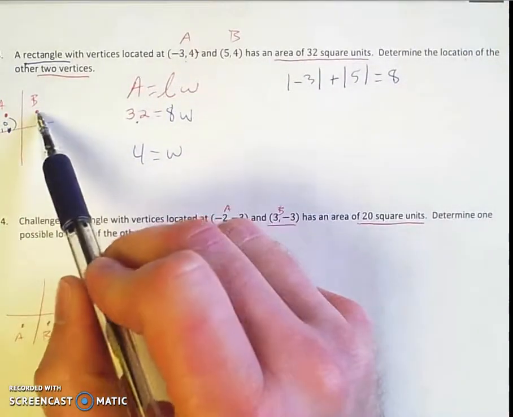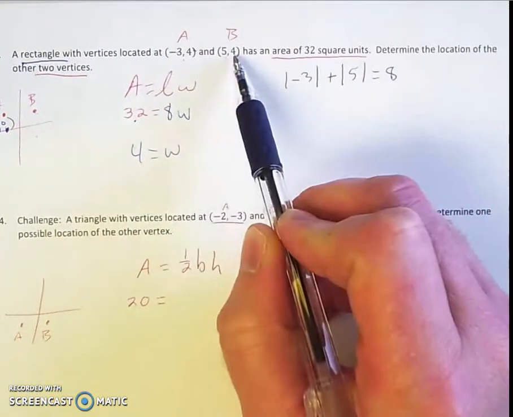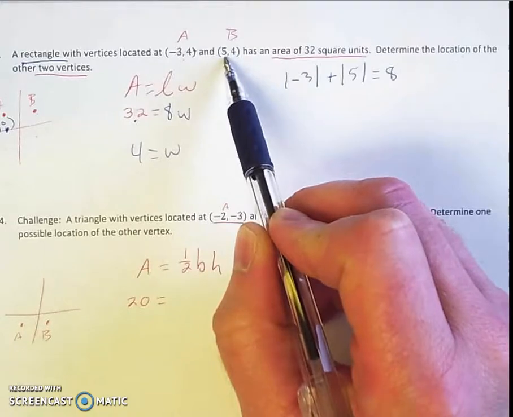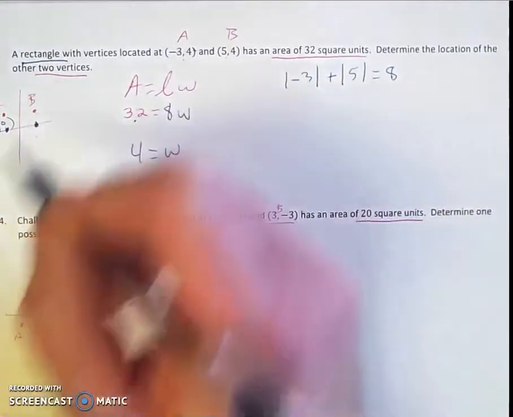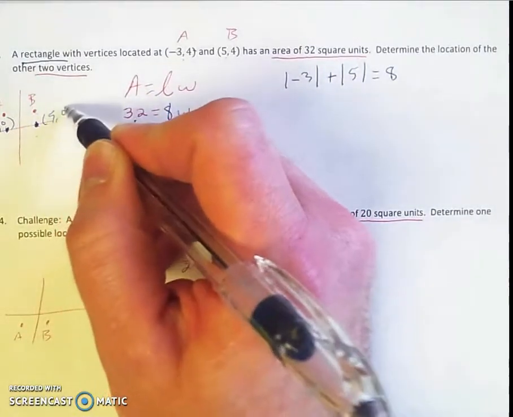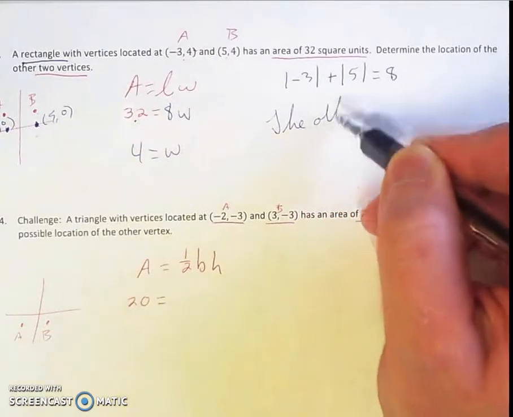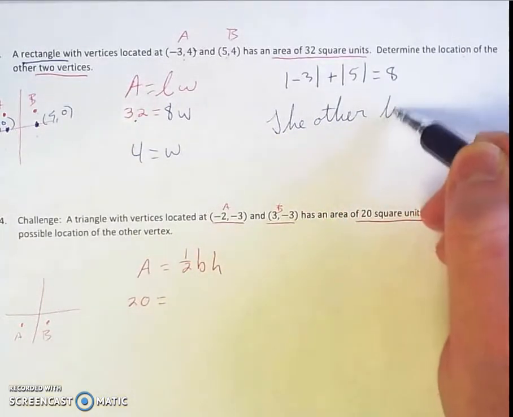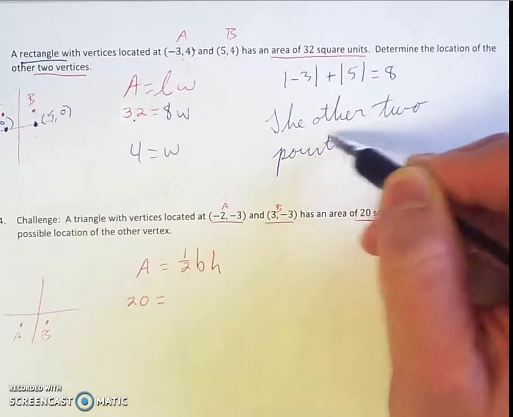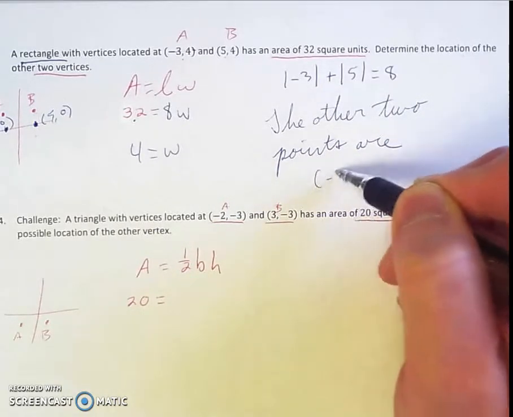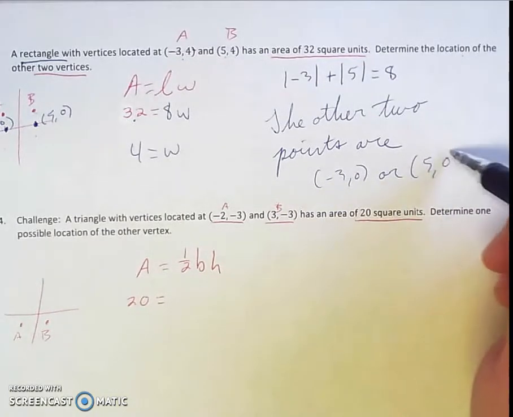Then I do the same thing with B. I take my x coordinate, keep it the same. I'm going to subtract 4 from the y. So now I'm at 5, 0. So one way we could do this is the other 2 points, okay, are -3, 0 and 5, 0.